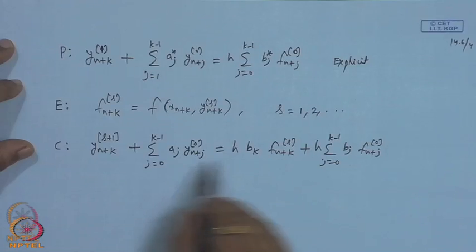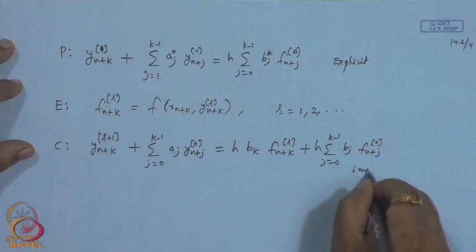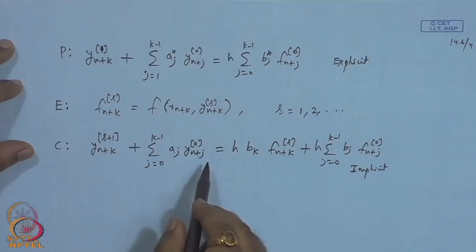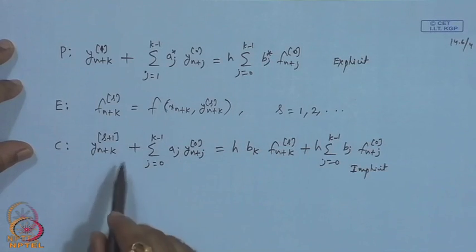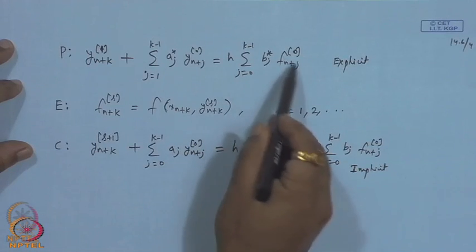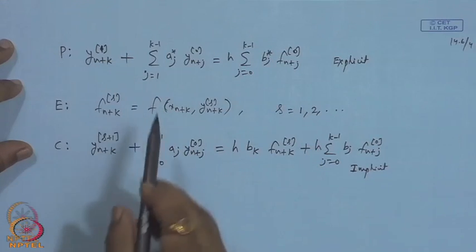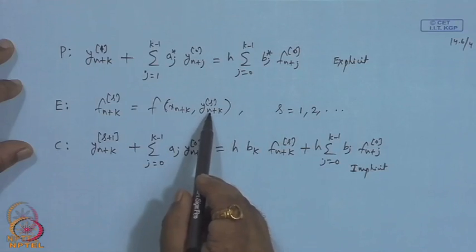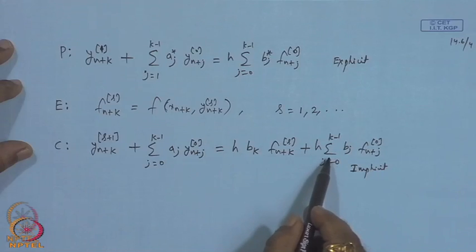This is implicit, so we need some initial values, then we evaluate. Once we know the initial, we put it here, then we compute y 1, then we compute f by putting this, and that we put in here.